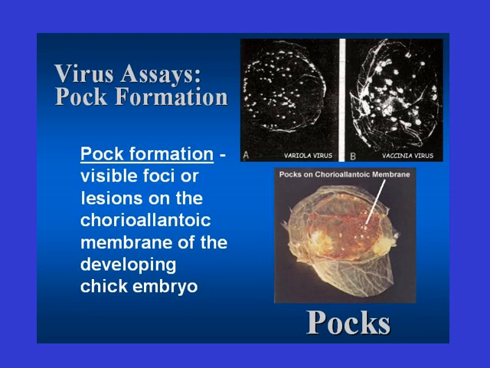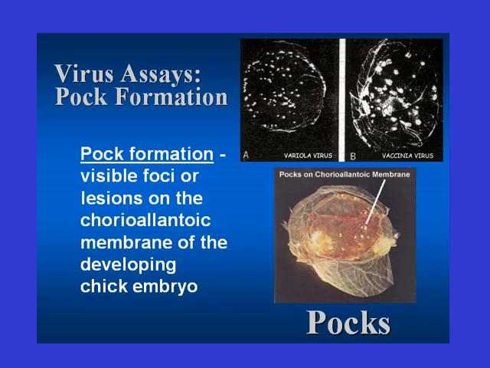This picture shows the pox. Pox formation is visible foci or lesions on the chorioamniotic membrane of the developing chick embryo. This is the cytopathic effect. The pox could be coarse, as in the upper right picture B, coarse pox formation on the chorioamniotic membrane of the chick embryo.